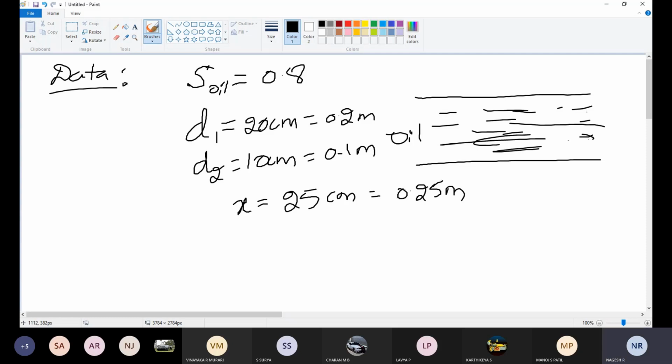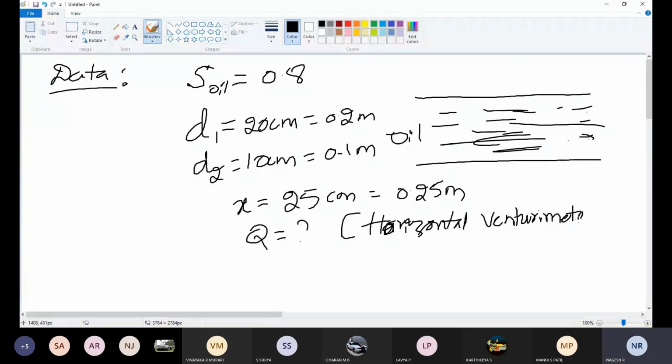Calculate the discharge of oil through the horizontal venturimeter. Okay, then CD is equal to 0.98.